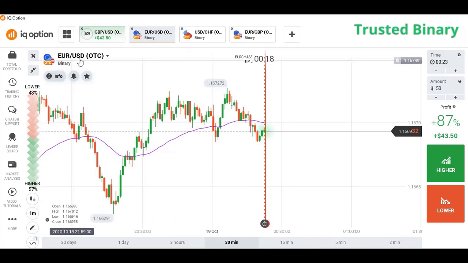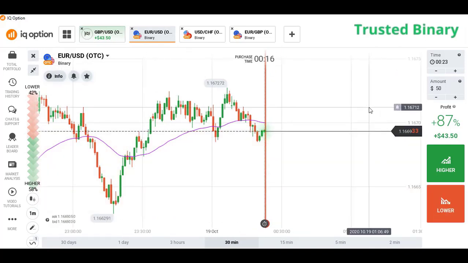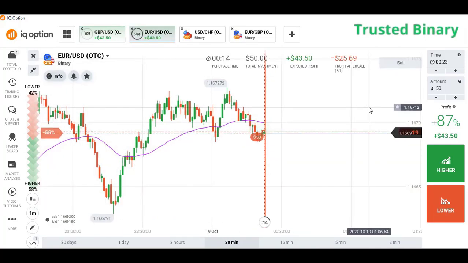This is the Euro USD pair. I place my trade in the lower direction. So let's see what will happen here.